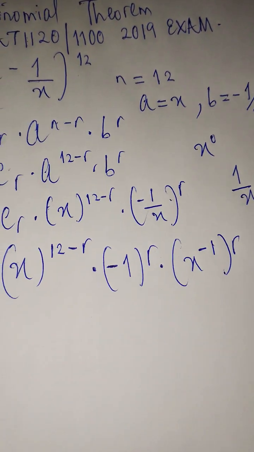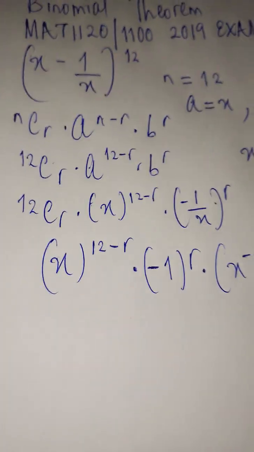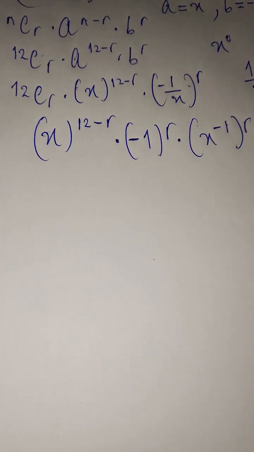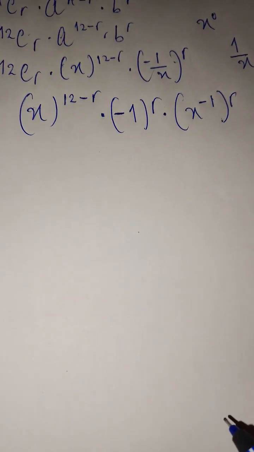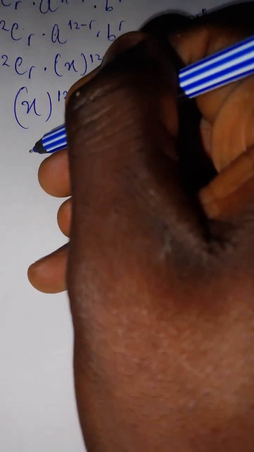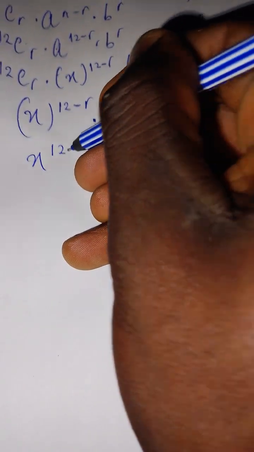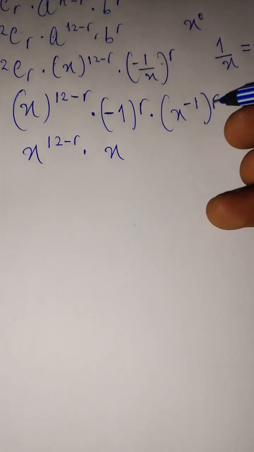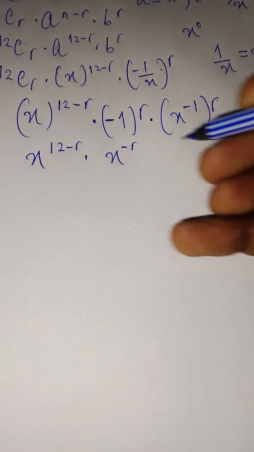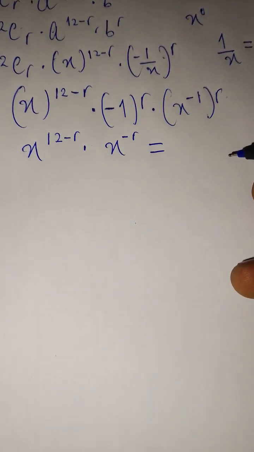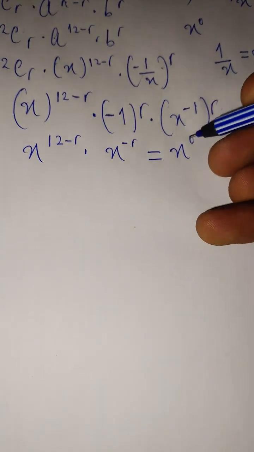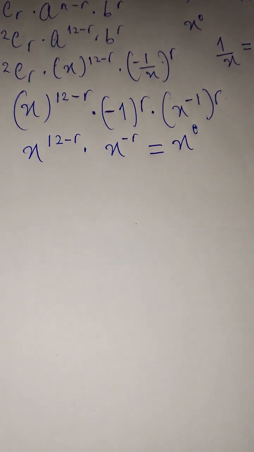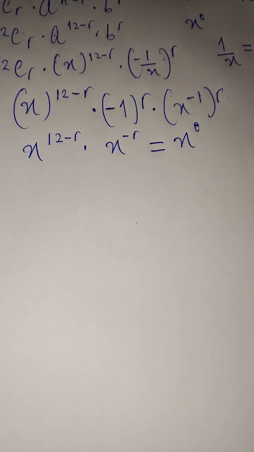We're now going to take those with x values only. So I'm just going to say x raised to the power 12 minus r multiplied by x to the power negative r, since we multiply negative 1 by r. Then we're going to equate this to x to the power 0, for us to find the value of r, for which x is independent.